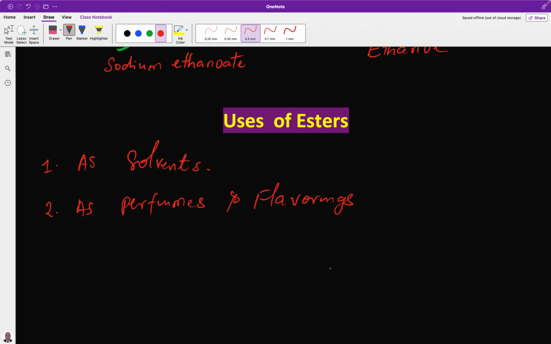For instance, the flavor there comes from products of esters. These are esters that they use in giving the flavor in ice cream and other food products, and even in many drinks.